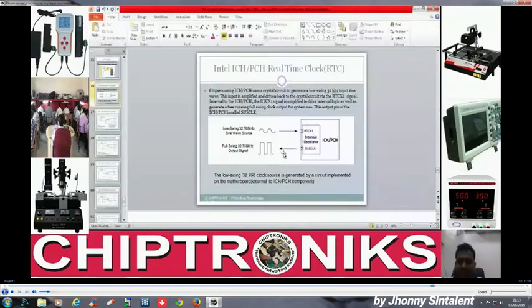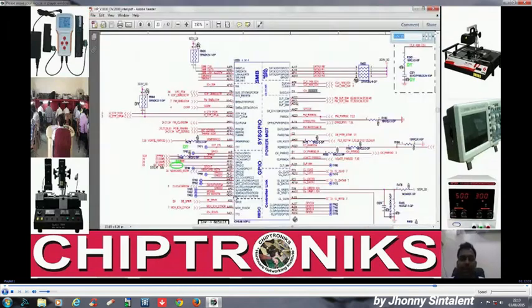And what happens at this SUSCLK? The RTC-X1 input signal is amplified to drive the internal logic of this ICH PCH and also generate a free running full swing clock output. And this free running full swing clock output is called SUSCLK.